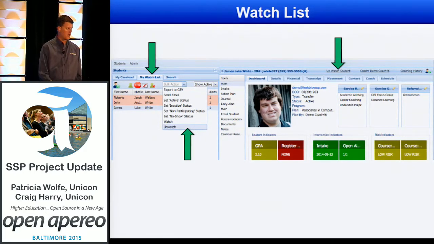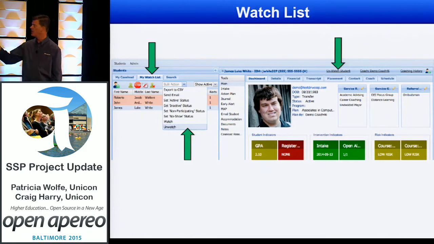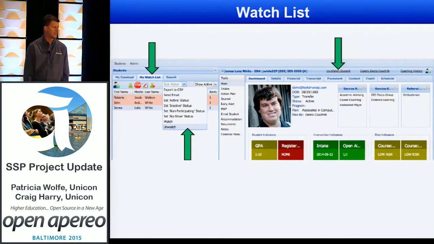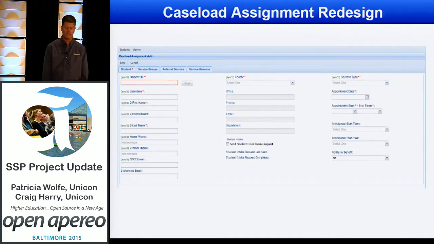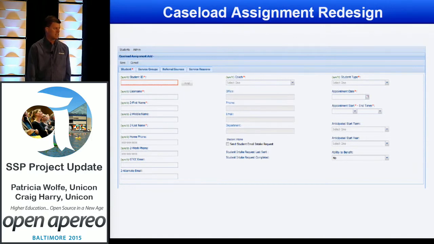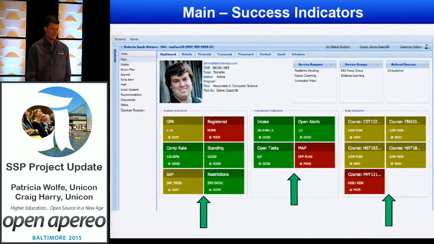You can bulk watch students from search results or bulk unwatch students also from search results. There's also, above the tabs in the main tool, a watch or unwatch student list for easy one-click access. We redesigned the caseload assignment, made it easier, a little more user-friendly.